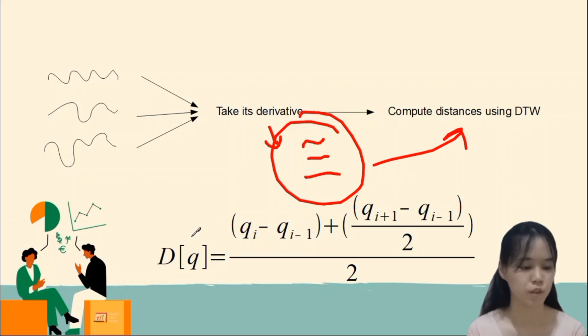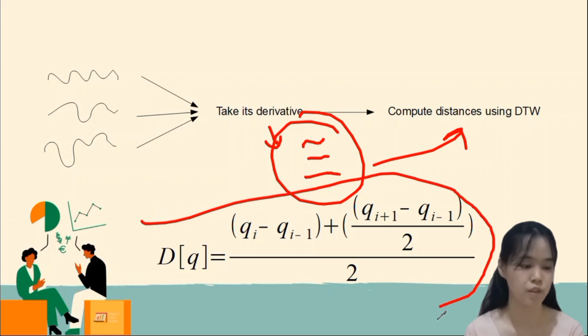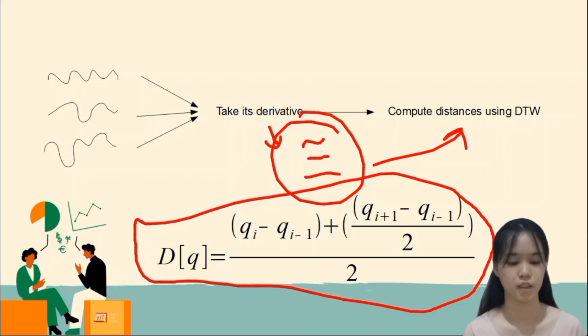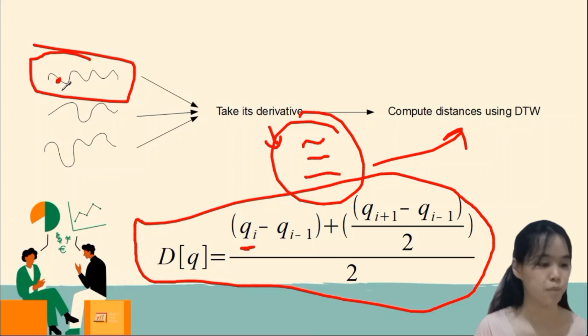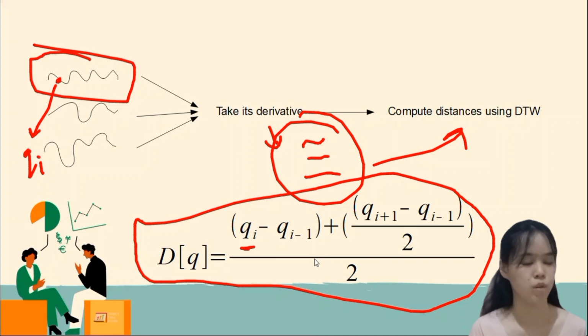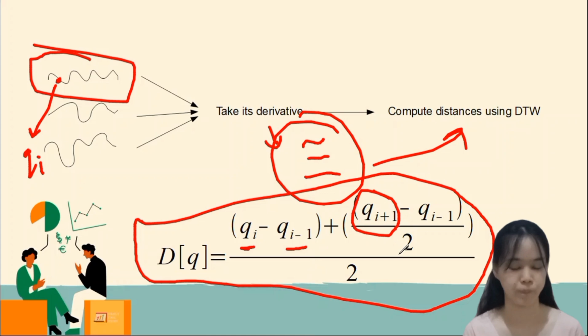And the formula for calculating the derivative of the sequence is defined here. Let's look at the top sequence here. Let's say that we want to calculate the derivative at that point. That point would be q_i, and then q_(i-1) would be the previous value, and q_(i+1) would be the next value.